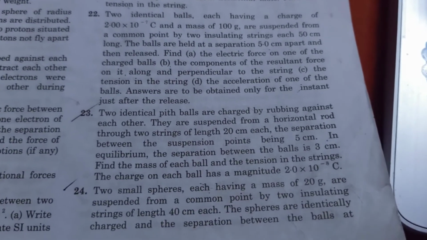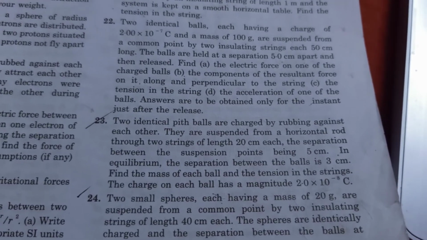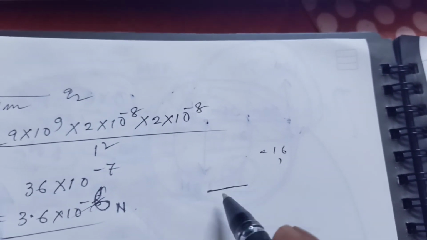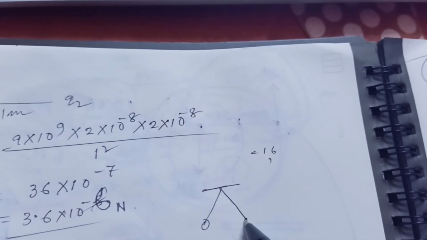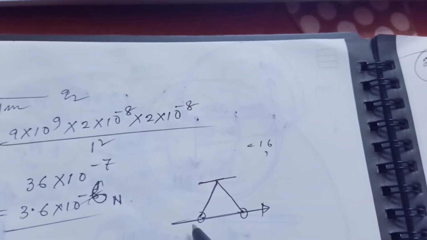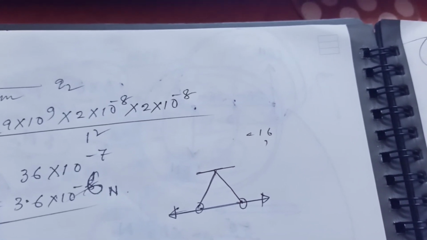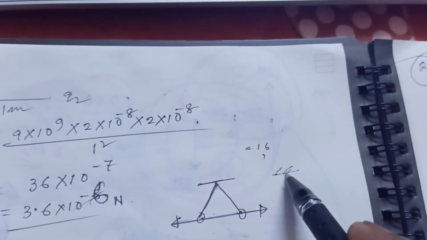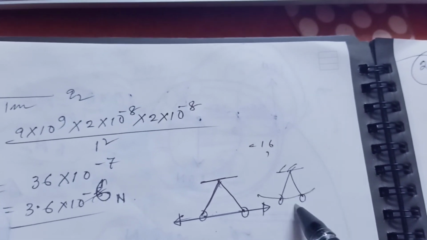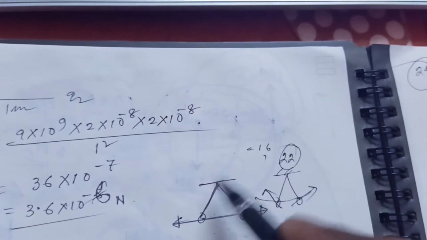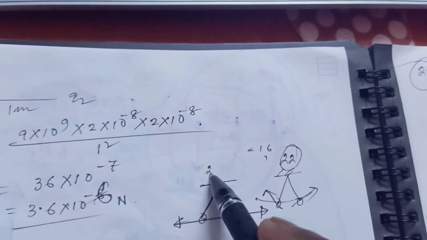Mainly, students, first let us discuss what are the different types of pith ball problems. So this is one kind of problem: when you suspend two balls, if those balls are of the same nature, then they repel each other. And this is in an equilibrium condition, but if equilibrium is not attained, then that particular ball moves along this particular direction. So this is question number 22, which I just completed, and this will be 23.